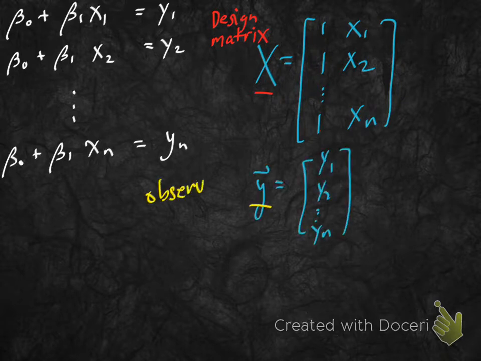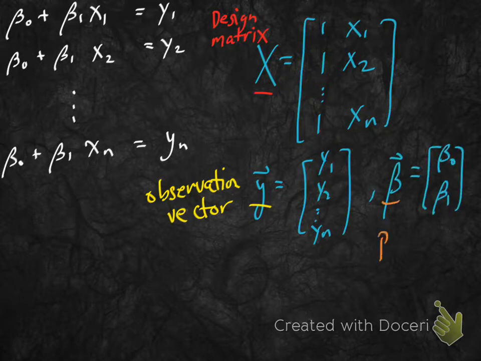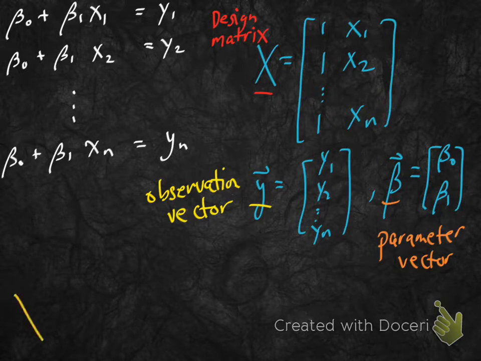We have this observation vector y. This is the vector of y coordinates for the data points. And we have this parameter vector beta, which is beta naught, beta 1. These are the unknowns that we're trying to solve for to find this line. And so the linear system we have is X times beta equals y.